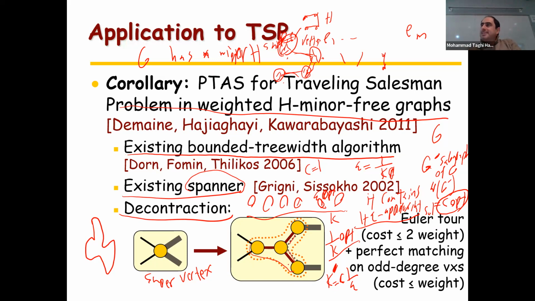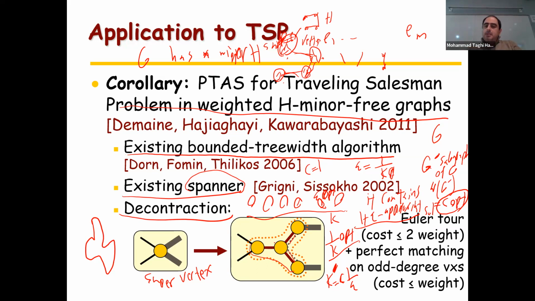This perfect matching is at most half of the spanning tree, or even the size of the spanning tree, such that I will make the whole thing Eulerian. So each of these guys, I can make Eulerian.